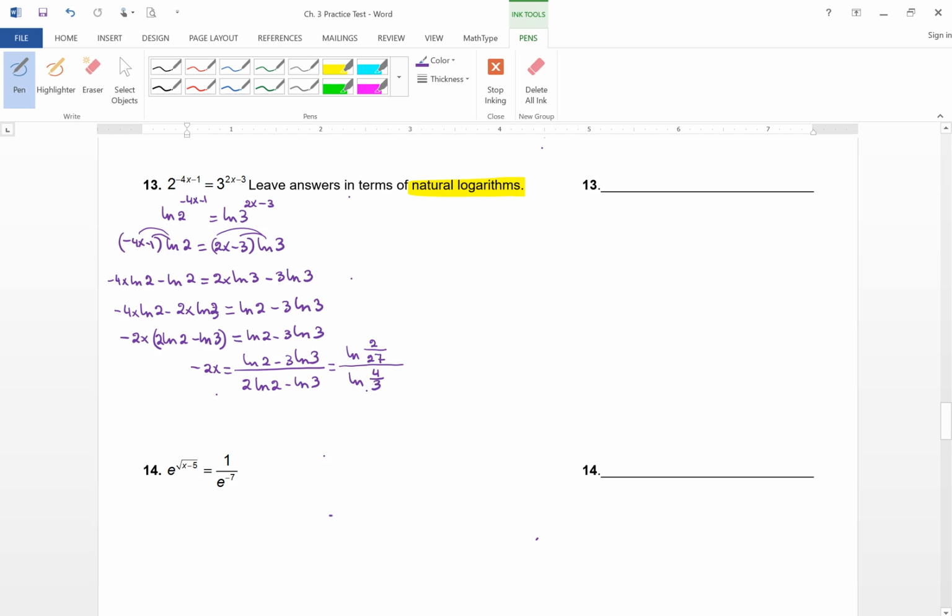And this is equal to negative 2x, remember? Negative 2x equals this. So then x is equal to ln of 2 over 27 over negative 2 ln of 4 over 3.